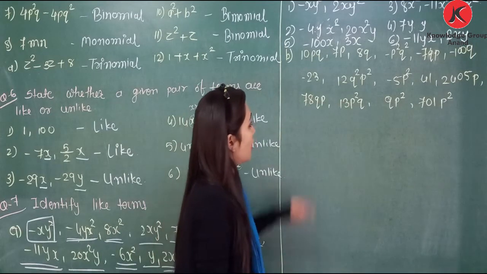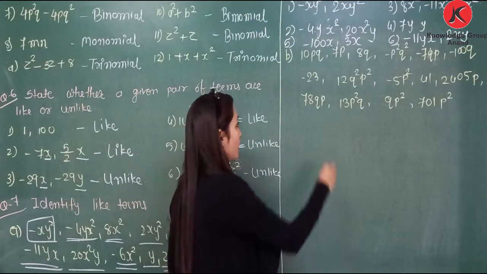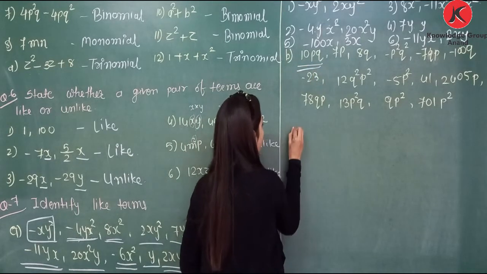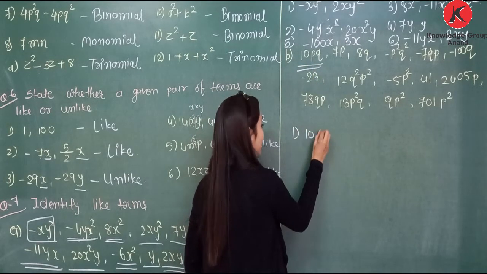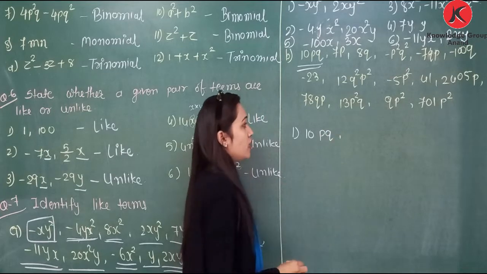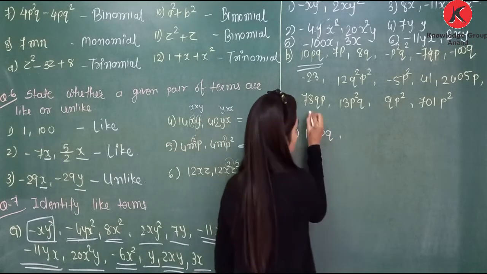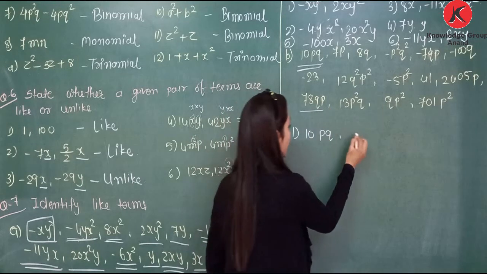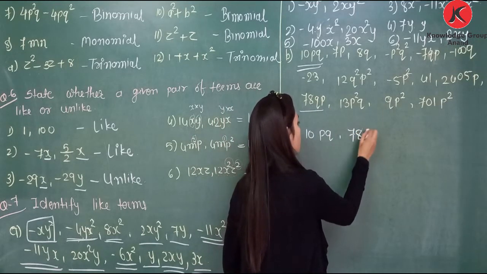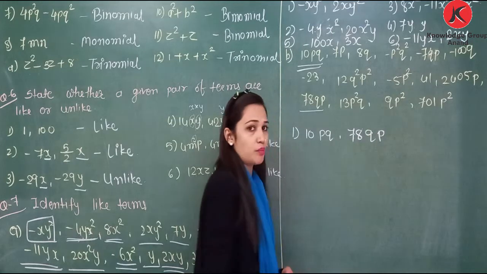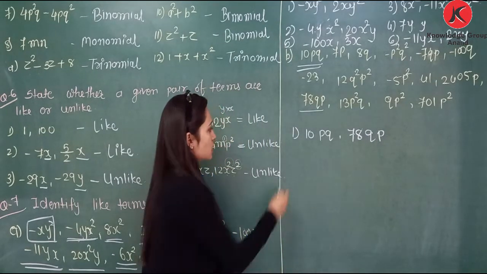Next is, again we need to find the like terms. So here 100 pq. First term is 100 pq. So 10 pq. Find another term with pq. So it is here 78 qp. If you write pq or qp, that is the same because multiplication is commutative.